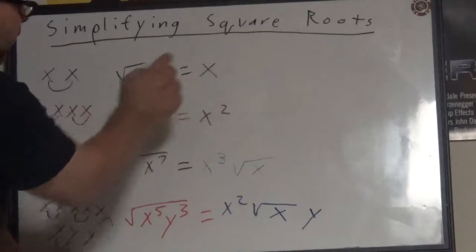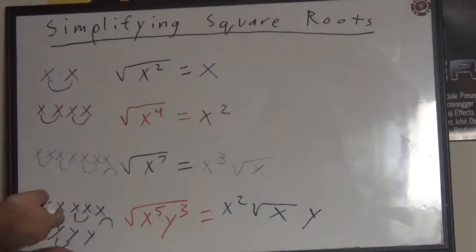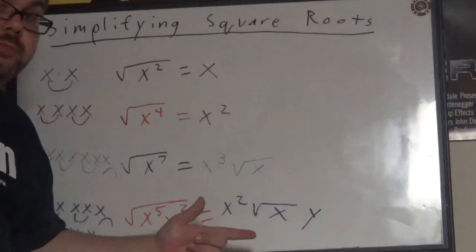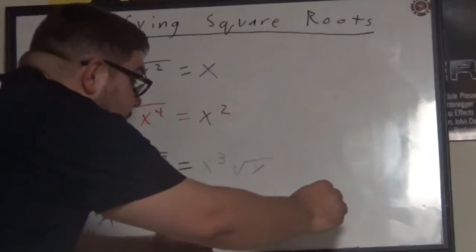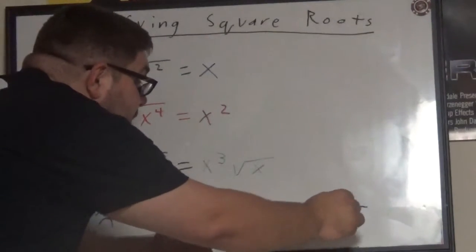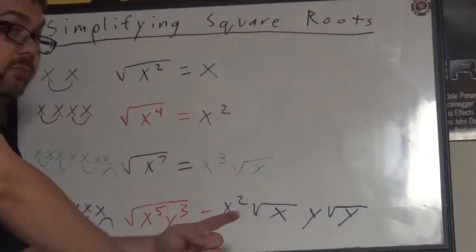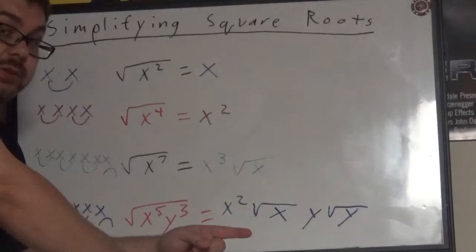Remember, we don't have to put the 1. And then we have one y left over. Well, if we have one y left over, where does he go? Back inside the square root. Now it looks like, oh, are we done? We're not done because we've got to simplify it now.